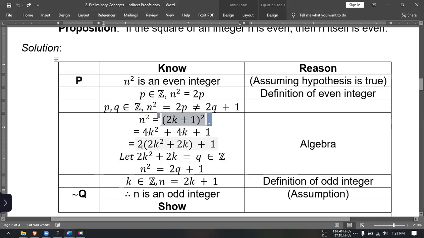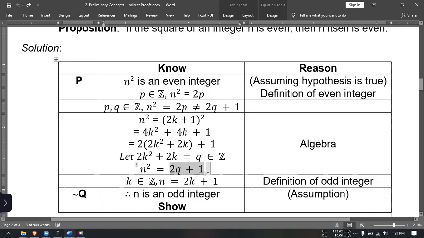And from there, let 2k squared plus 2k as q. Diba? So, papalitan natin yung 2k squared plus 2k ng q. Therefore, ang n squared natin is 2q plus 1.